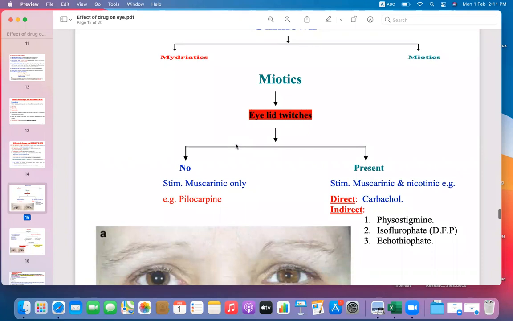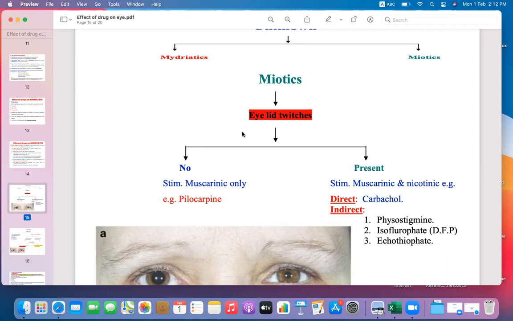How can we differentiate between pilocarpine and carbachol? Eyelid twitches are present only in carbachol because it also stimulates the nicotinic receptor. These are the direct examples, and the indirect ones are physostigmine, isofluorophate, and ecothiopate, which stimulate the nicotinic receptor and cause eyelid twitches.